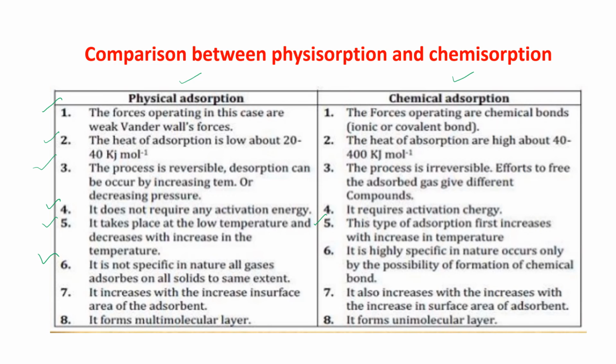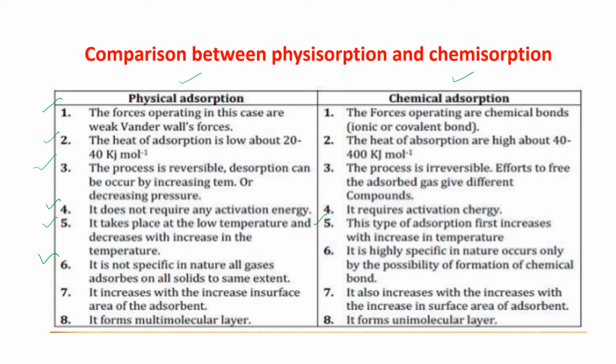Number 6, it is not specific in nature. All gases adsorb on all solids to some extent. But chemisorption is highly specific in nature, occurring only where chemical bonds can form. So it is very, very specific because a chemical bond has to form.